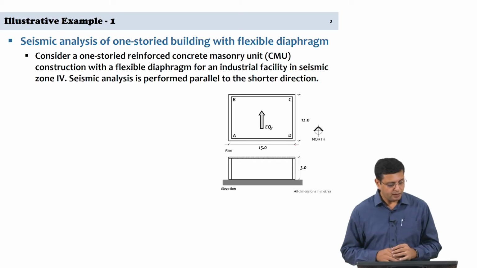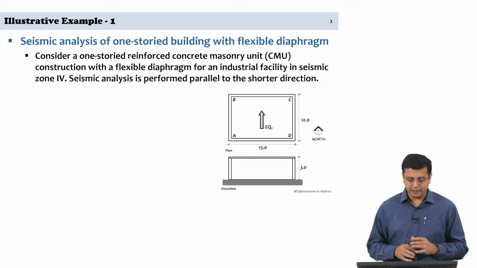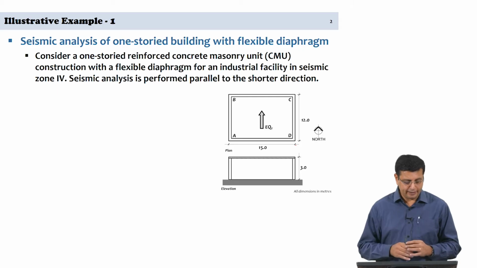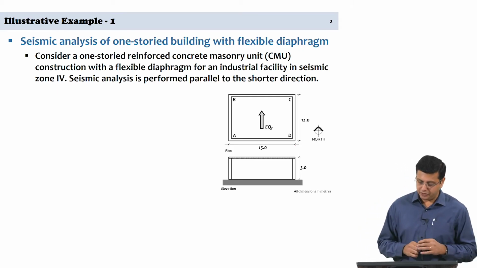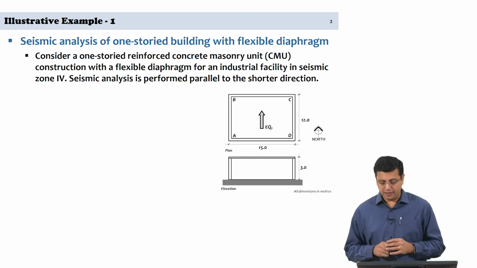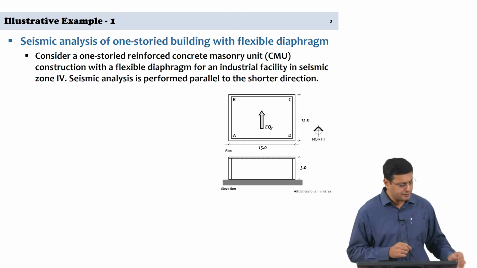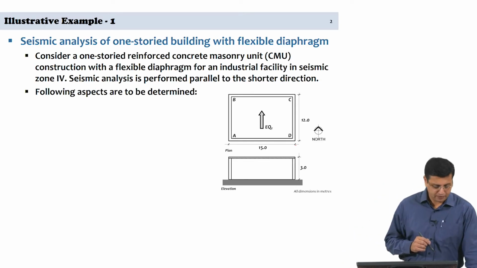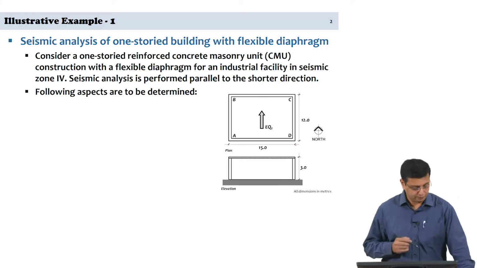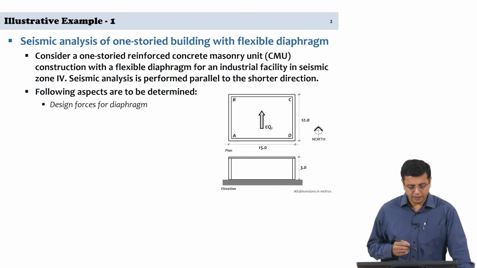So, we will be using this nomenclature in plane versus out of plane, and the northern, southern, eastern and western walls in our calculations. The total height of the structure is 3 meters, and it is provided with a flexible diaphragm. Okay. What are the aspects that we need to estimate in the problem?